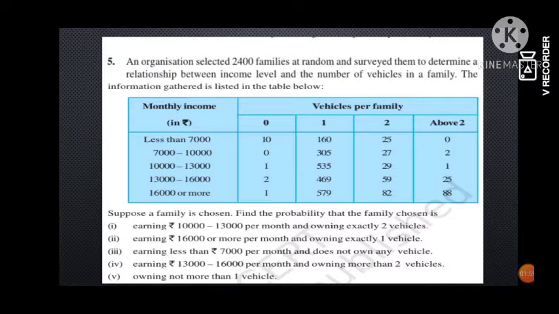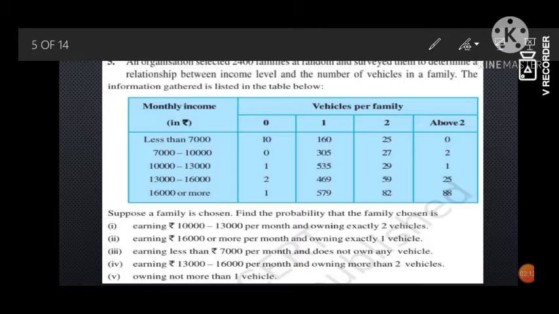Now let us see sum number 5. It is a big sum and it is also a very important sum. In sum number 5, an organization selected 2,400 families at random and surveyed them to determine the relation between the income level and the number of vehicles in the family. The information gathered is listed below.